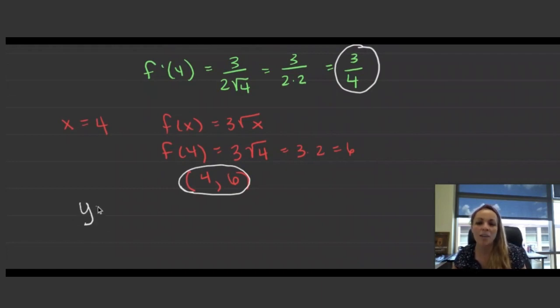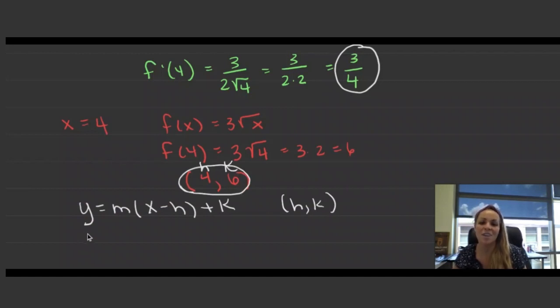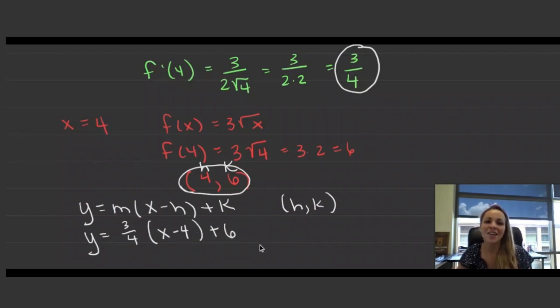That's y equals m times the quantity x minus h plus k, where h, k is any point on the line. So this right here is going to be our h, and k is going to be 6. So I'm just going to fill in all the information. y equals our slope, 3/4, times the quantity x minus 4 plus 6. This right here is the tangent function to our curve.